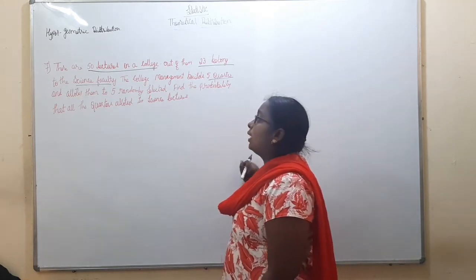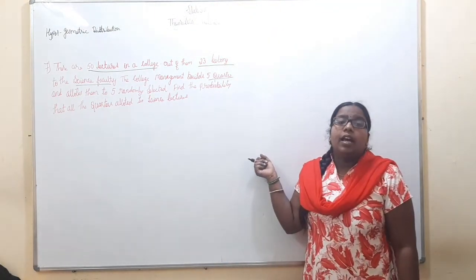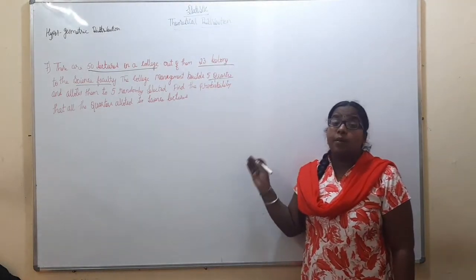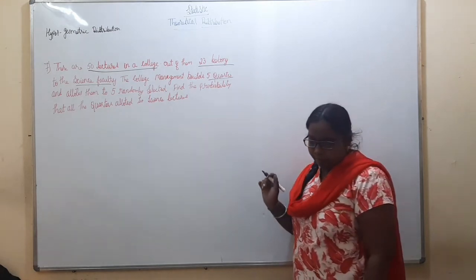So what we have to see here, they are building 5 courses. Randomly they are selecting 5 lecturers. We have to see what is the probability that all 5 courses go to the science faculties.